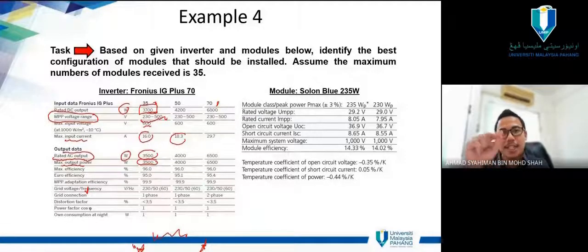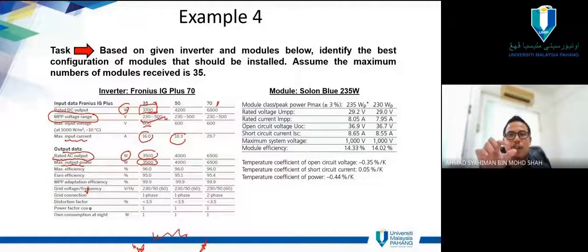Output equals AC. Input equals DC. Kita tak refer pada DC. Kita refer kepada rated AC output ataupun nominal power AC.